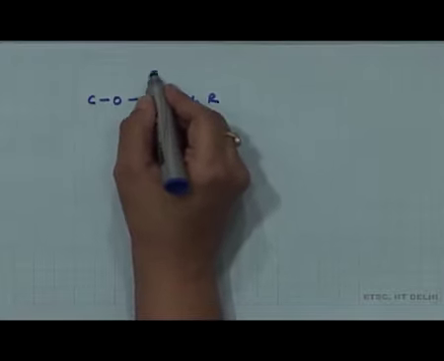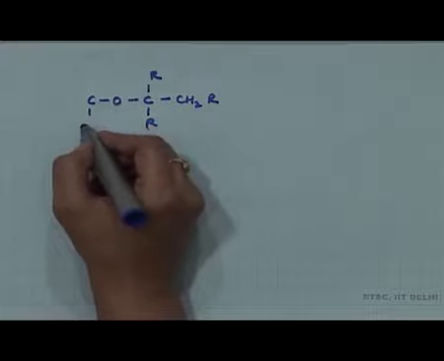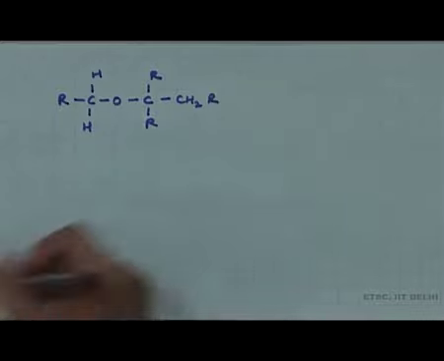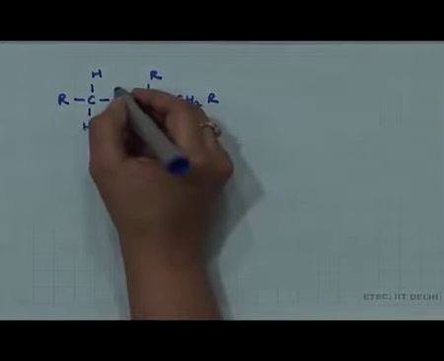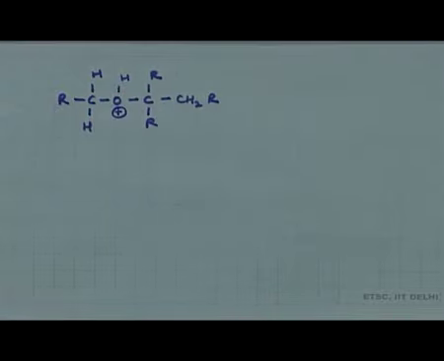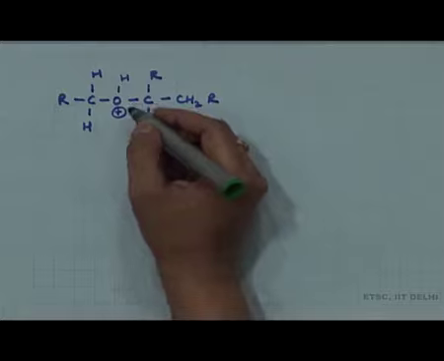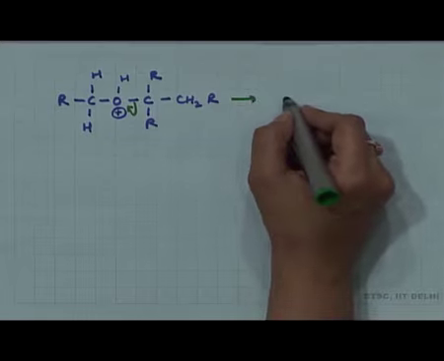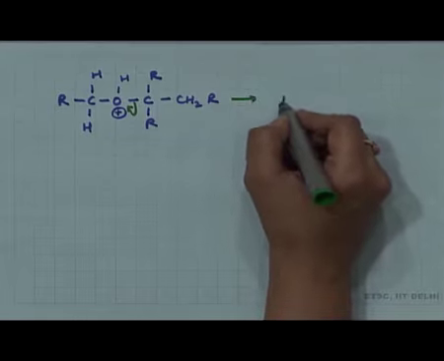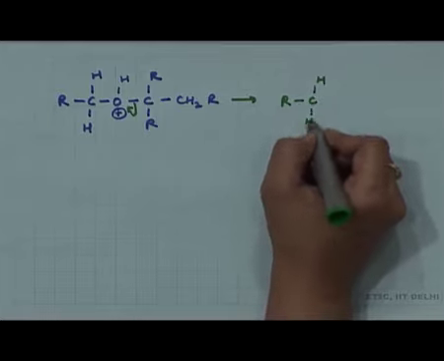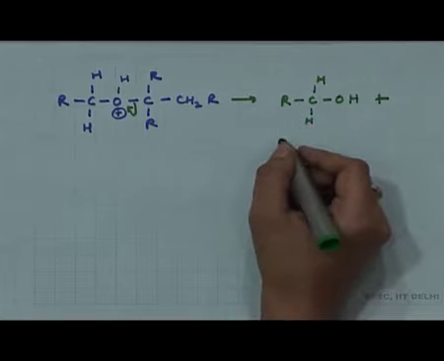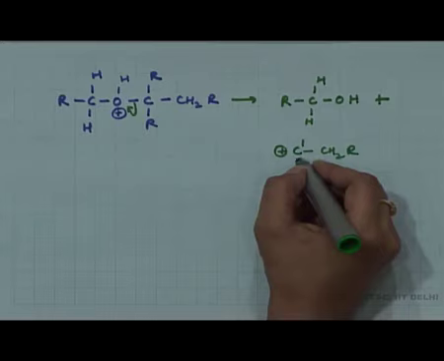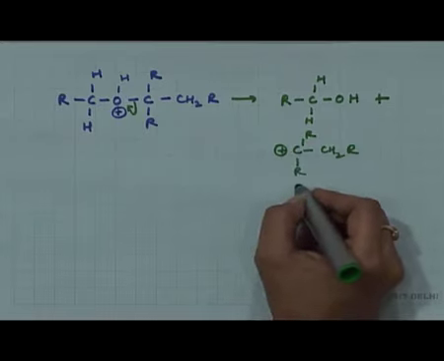So, if you have a 3 degree alkyl group at one place in the ether, the first step, the protonation, has happened already. Now it can stabilize to a stable 3 degree carbocation. After that, when the nucleophile attacks, you get the alcohol which is less substituted, and on the stable carbocation the attack of the nucleophile gives you the alkyl halide.